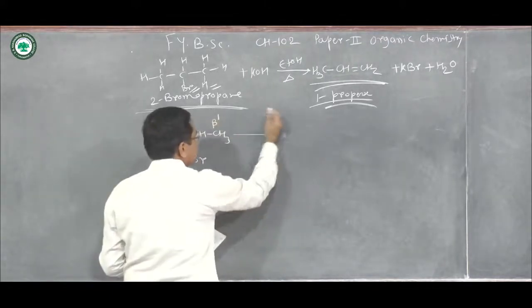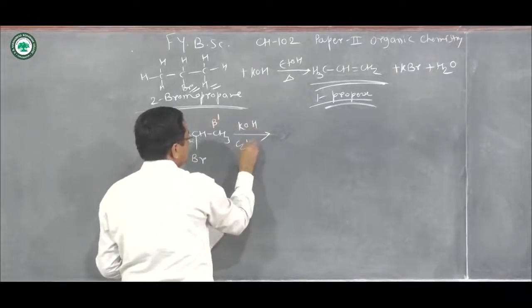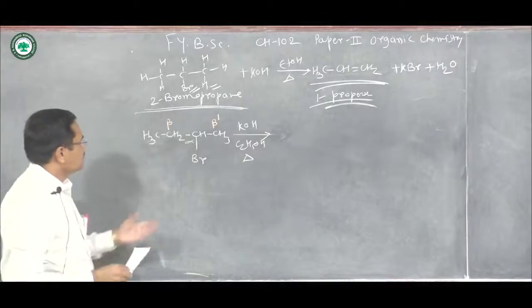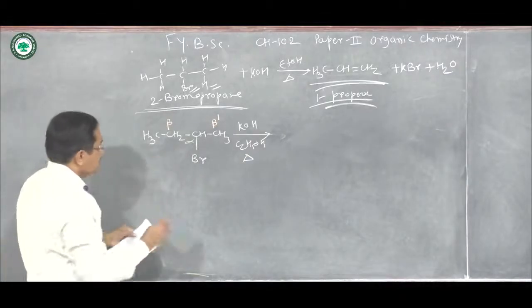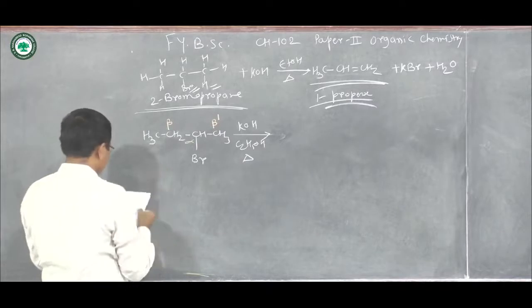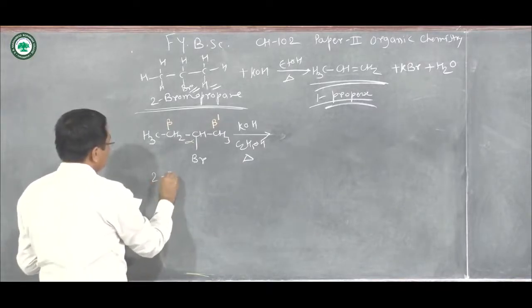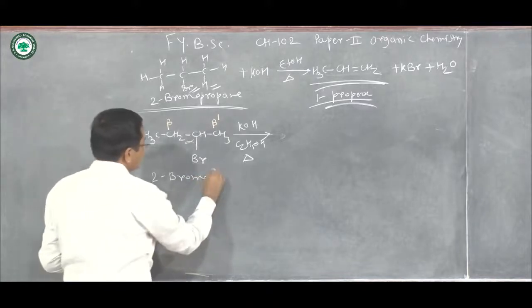This reaction takes place in presence of KOH and ethyl alcohol and heat. Now this is not a symmetrical molecule, this is an unsymmetrical molecule, 2-bromobutane.